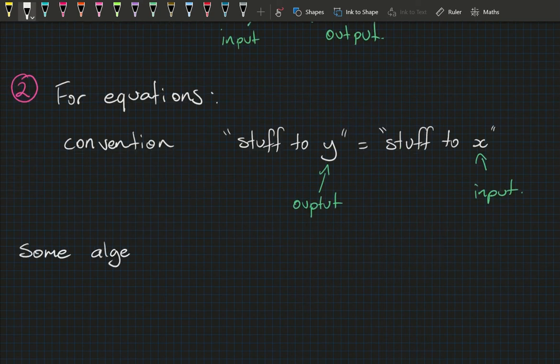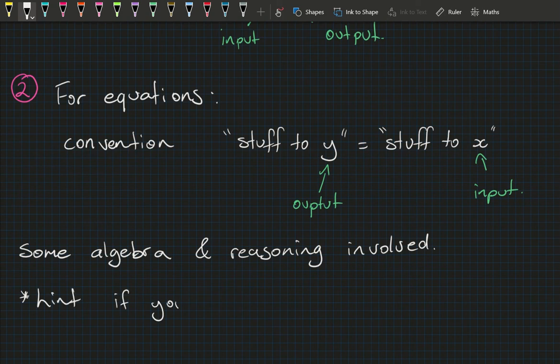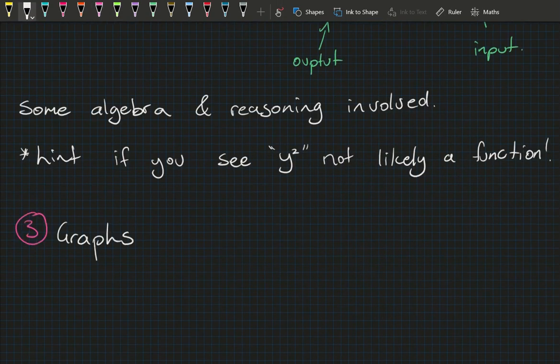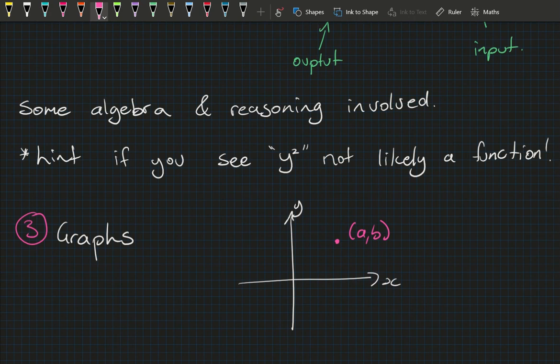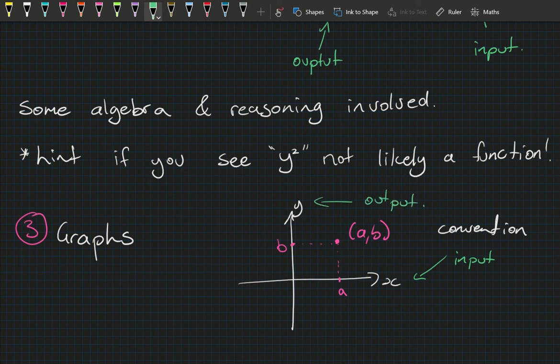Often there's some algebra and reasoning involved. I'll give you a hint: if you see y squared, it's not likely that it's a function. And for graphs, where points are marked like ordered pairs, A, B, and A relates to the x-axis, and B relates to the y-axis, the convention is x is the input and y is the output.